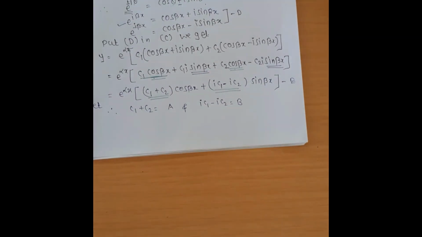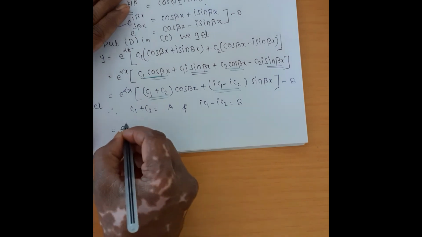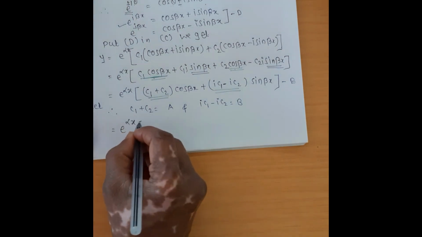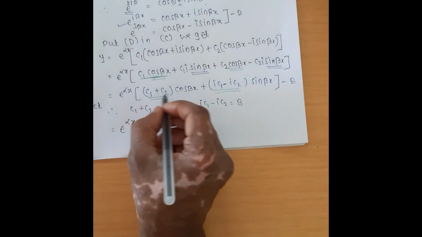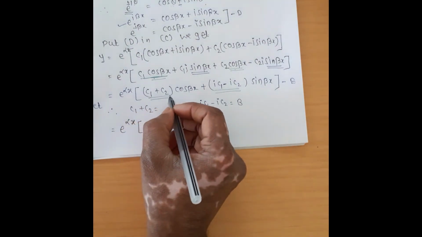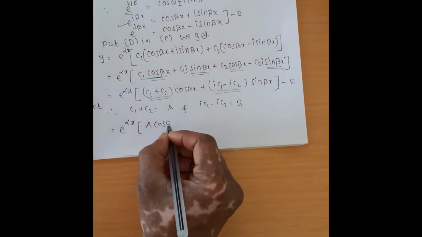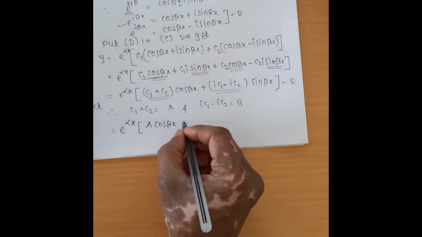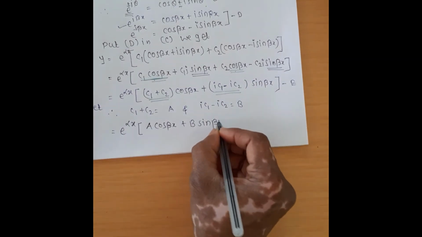So we write this equation again. Instead of this, we write A cos beta x, plus instead of this we write B sin beta x.